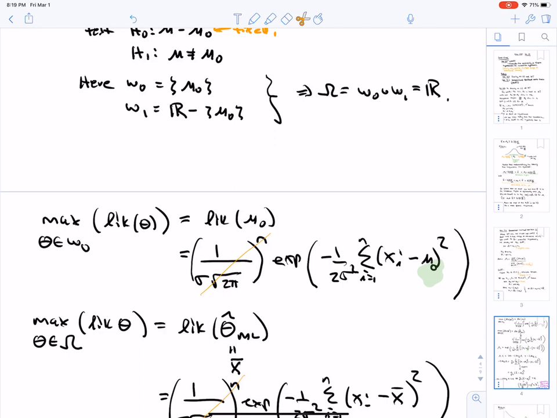So the numerator is just the likelihood of mu zero, because omega 0 is just mu zero.